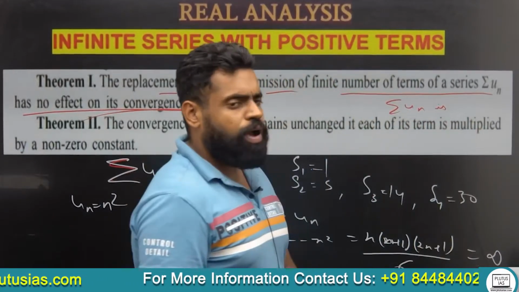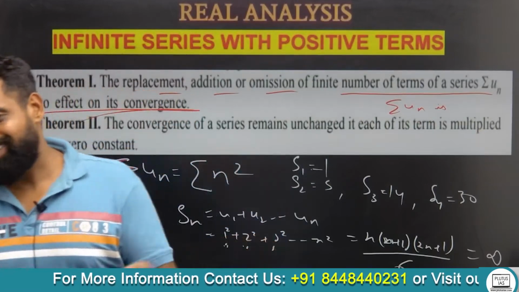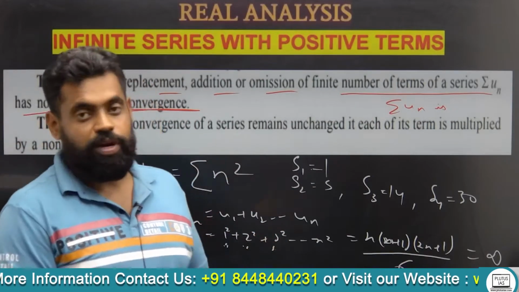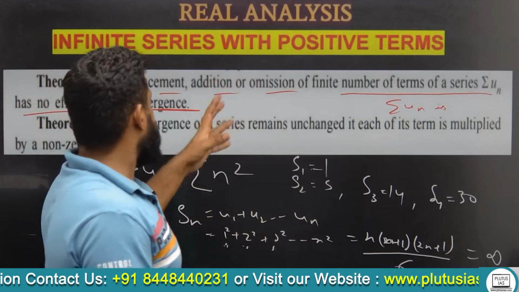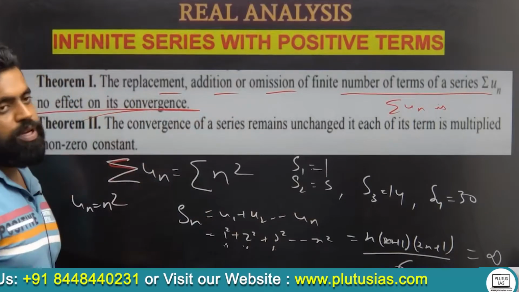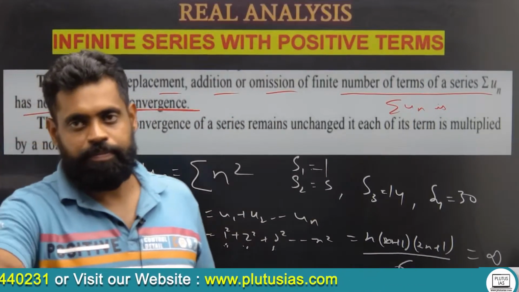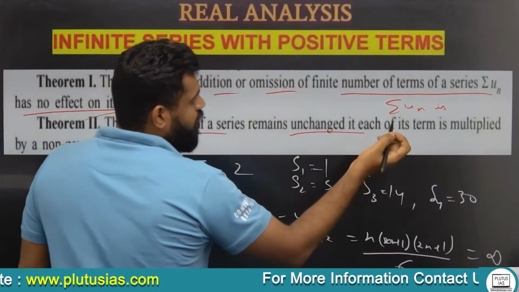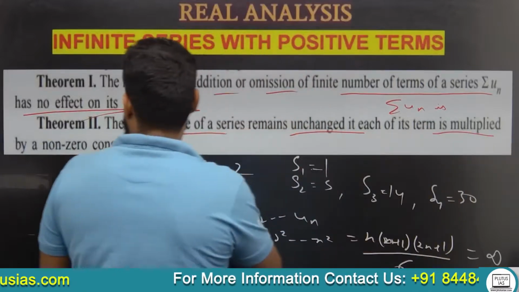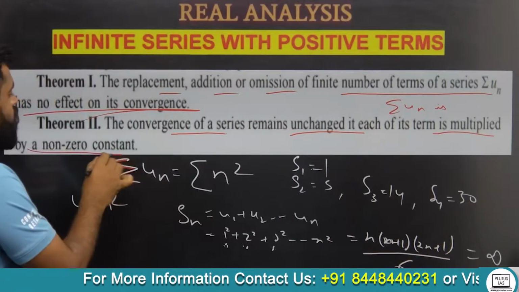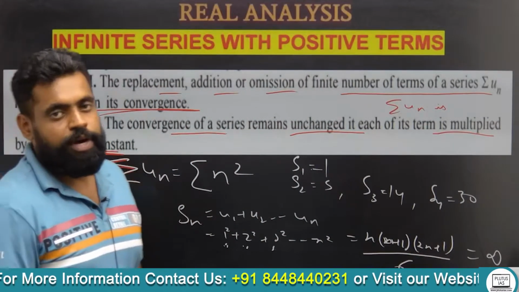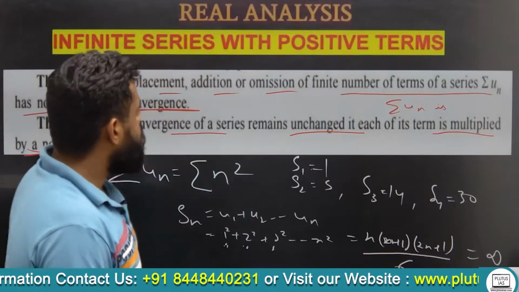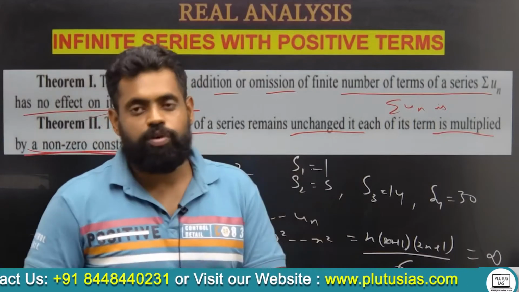What if you add a constant term or subtract some terms? It doesn't affect the convergence of the series. It will be convergent. And the convergence of a series remains unchanged if each of its terms is multiplied by a non-zero constant.